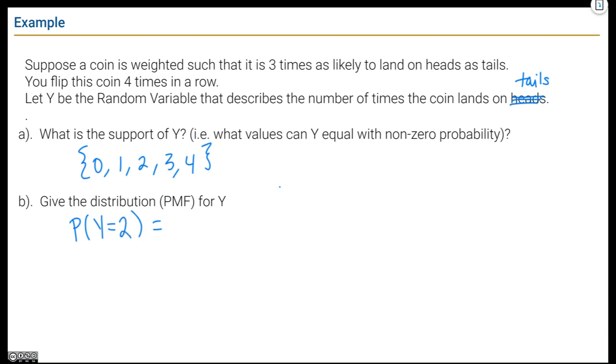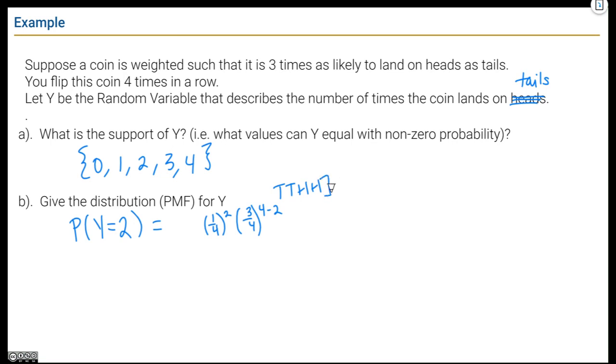So again, this is similar to what we did before. You can imagine that I have tails, tails, and then heads, heads. So the probability of tails was 1/4. So I have 1/4 squared, and the probability of heads was 3/4, and then I have that to the 4 minus 2.